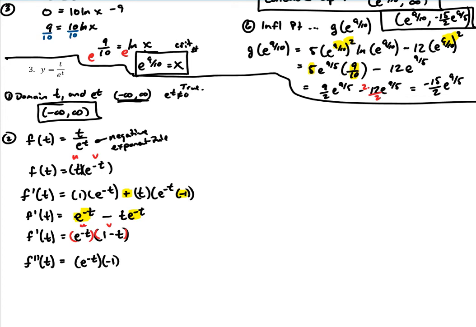The derivative of negative t is negative 1. Then times just v, 1 minus t, plus just the u, e to the negative t, times the derivative of v, which looks like it would be, the derivative of 1 is 0 and the derivative of negative t is negative 1. Now we can go through our steps to simplify.